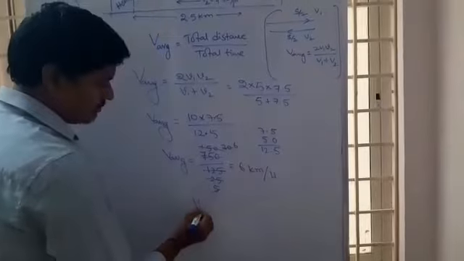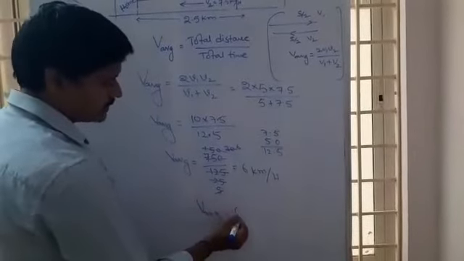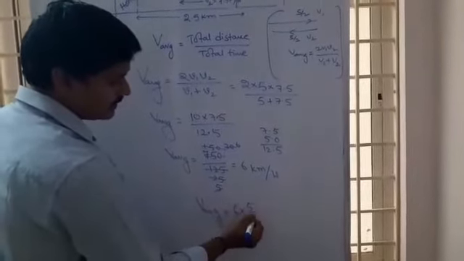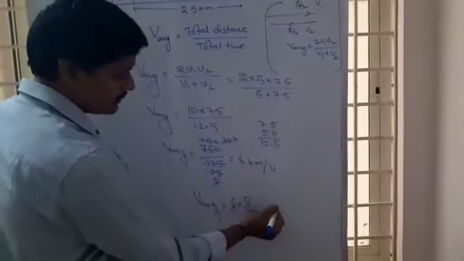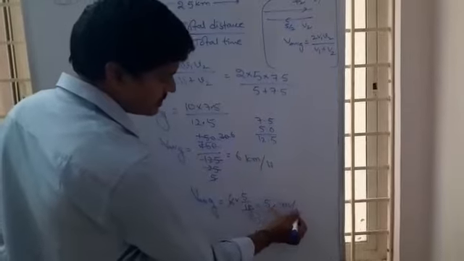In meters per second, average speed is equal to 6 into 5 by 18, then 5 by 3 meter per second.